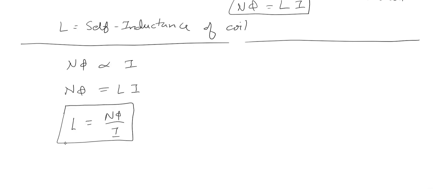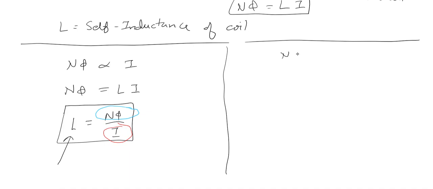Self-inductance of coil is total flux linked with the coil per unit current passing through it. Okay, that is one definition of the self-inductance. There is one more way of defining it.